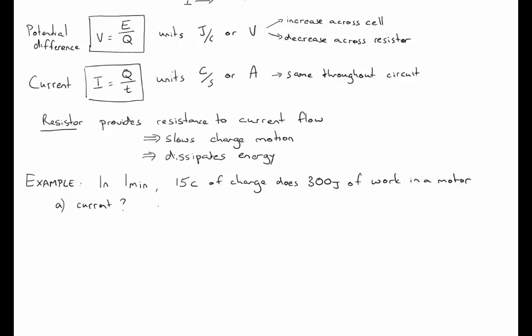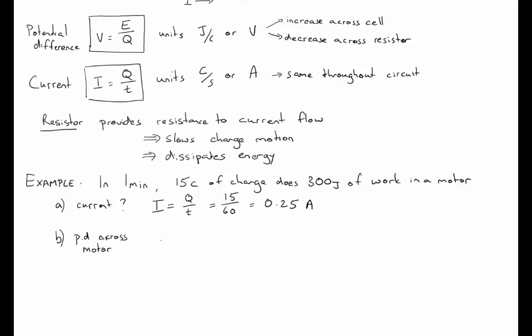And of course all we need to do is look at our definition of current. It's the amount of charge flowing per unit time, and our charge is 15 coulombs. Our time is 60 seconds, which gives us 0.25 amps.